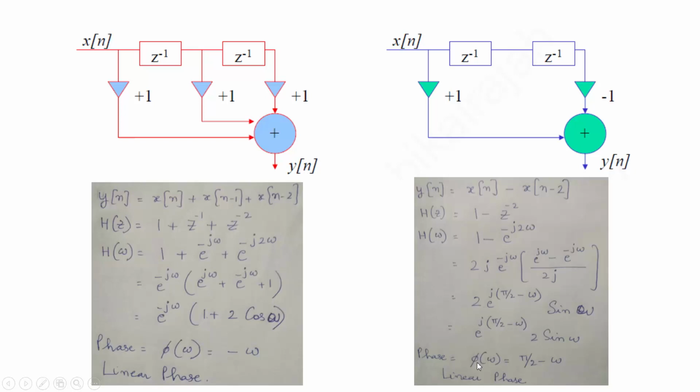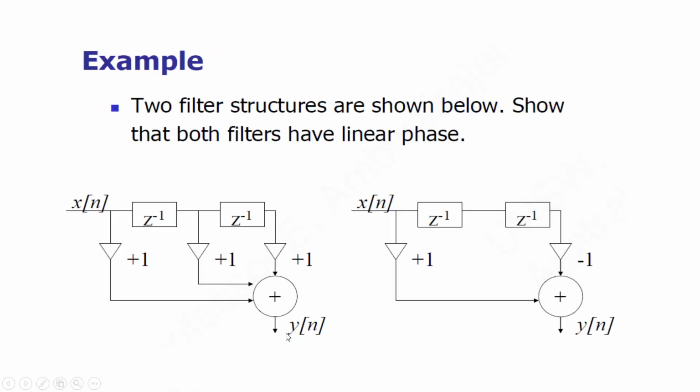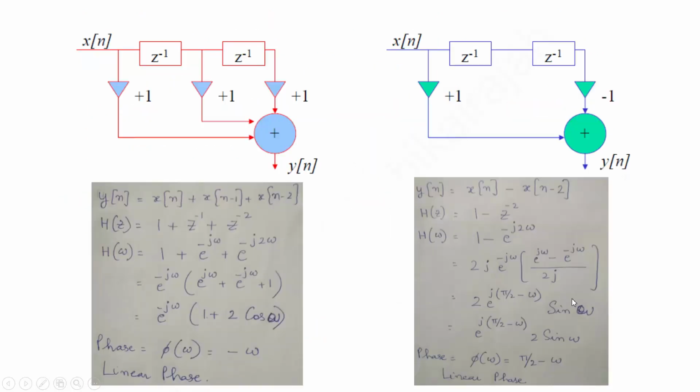So we know that now the phase term is phi of omega is pi by 2 minus omega, which resembles the second equation. So therefore we can say that this is also a linear phase system. That's how we can prove that a given system has a linear phase response.